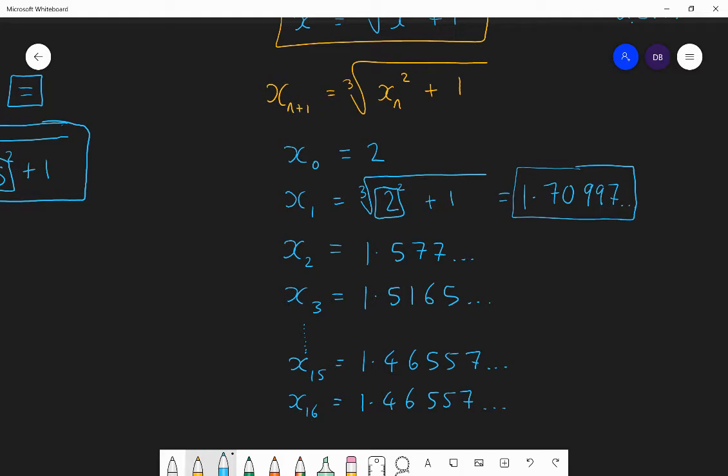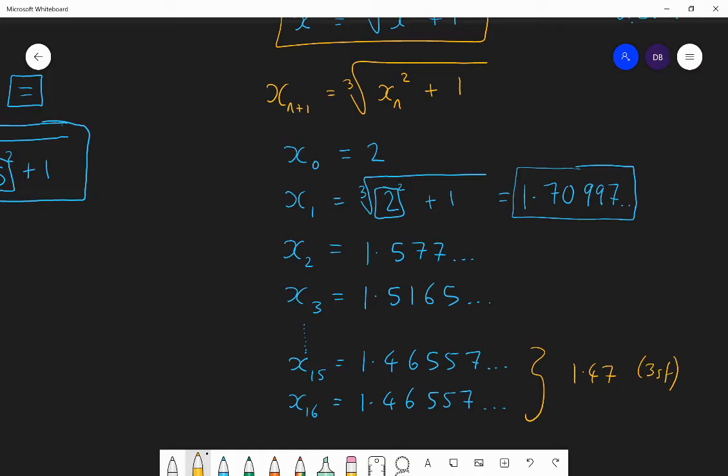But it looks like my answer will round to 1.47 to 3SF. So both of those are easily 1.47 to 3 significant figures.